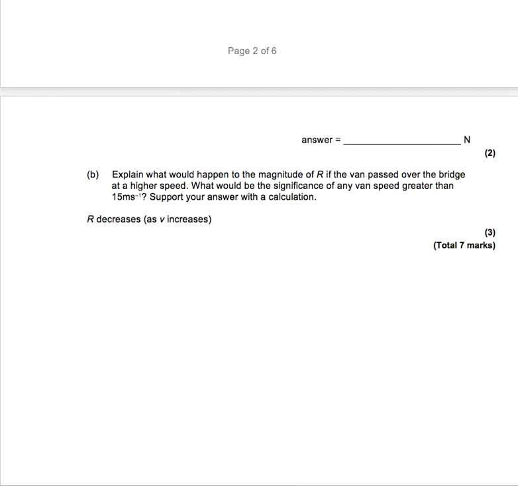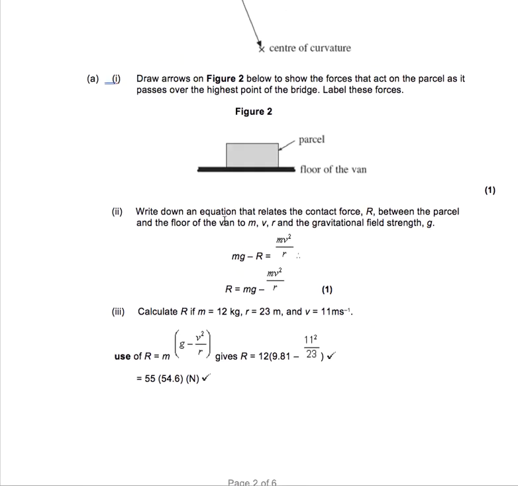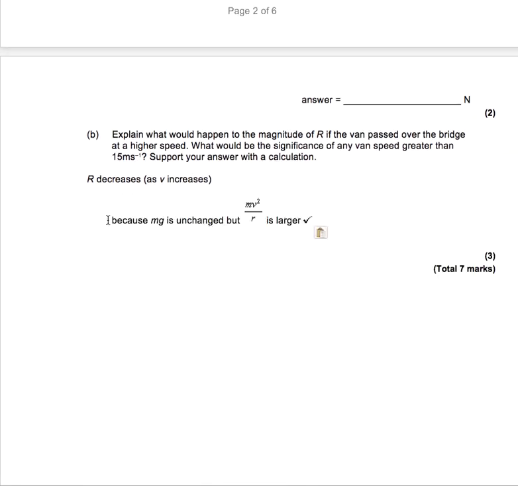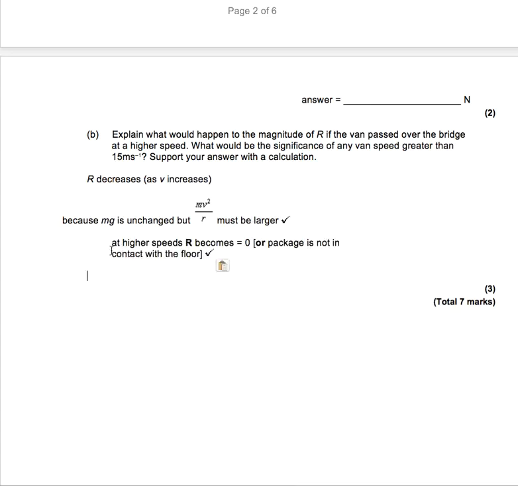Why? Well, because mg is unchanged, but mv squared over r, the centripetal force, must be larger. And if you extend that argument, R will fall to 0.